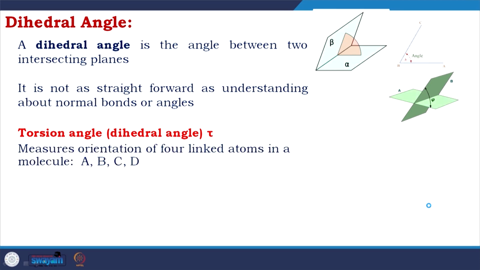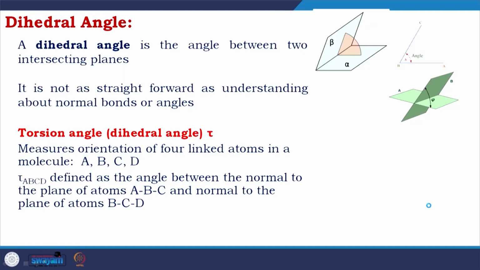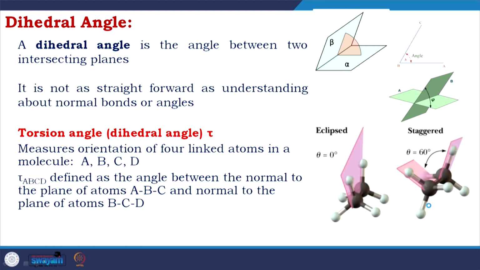It measures the orientation of 4 linked atoms in a molecule, A, B, C, D. The angle created by them is called the torsional angle or dihedral angle. Tau ABCD is defined as the angle between the normal to the plane of atoms ABC and the normal to the plane of atoms BCD.